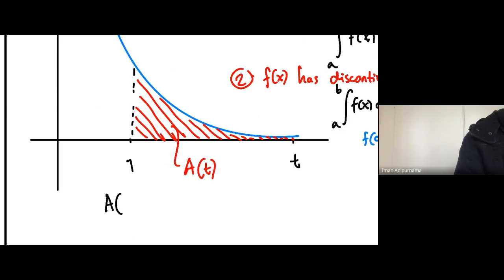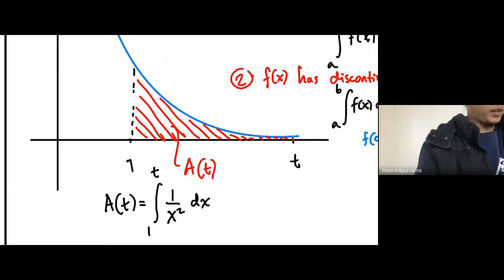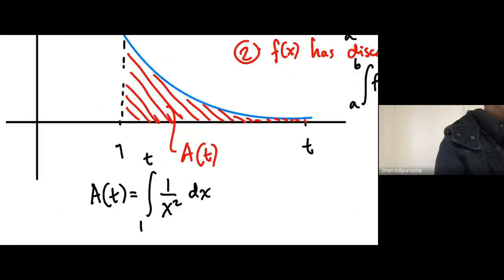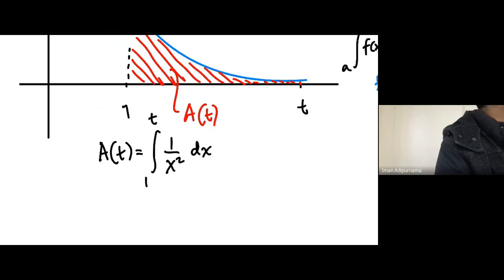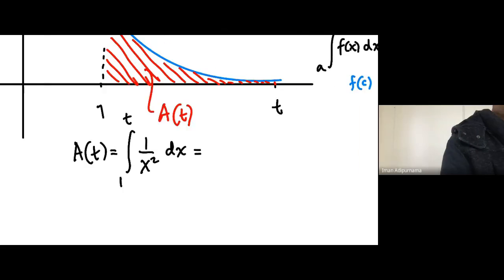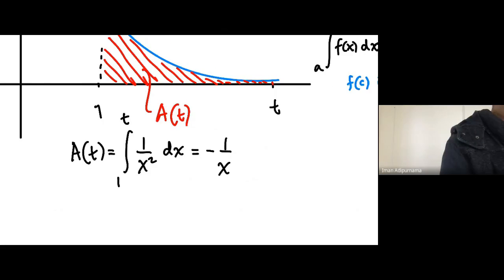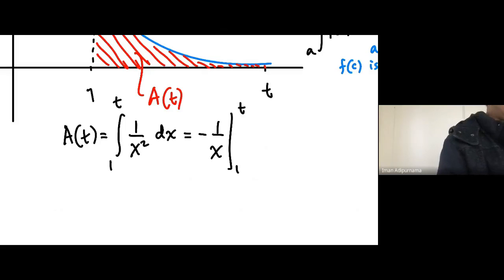So let's write A(t) as integration of 1 to t of 1 over x squared dx. And we can integrate this easily. We can write minus 1 over x, and then plug in the 1 and t. And we can write this 1 minus 1 over t.